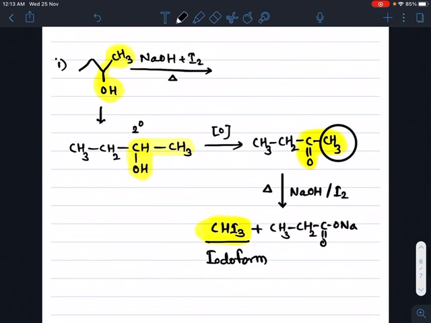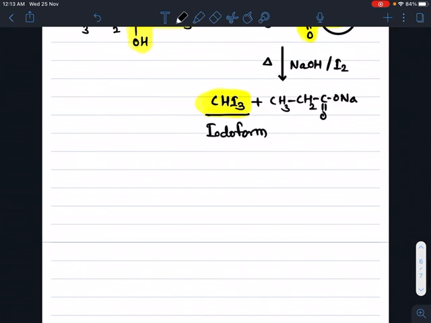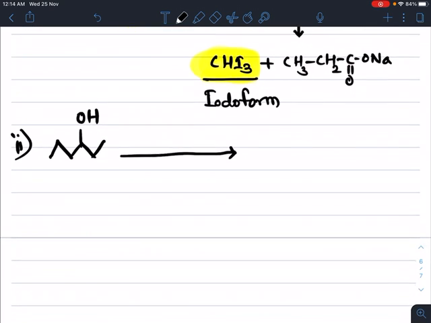If I give you a second example, the bond line formula of an alcohol like this, with OH, you tell me whether this alcohol undergoes the haloform test or not. How do we decide?